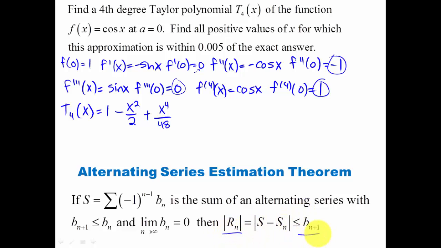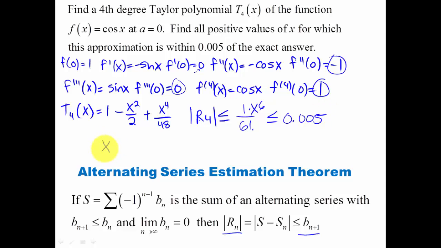So that's what we're going to use. If we want to know the remainder here, that's going to be less than or equal to, and we're after the positive values only, so that's going to be 1 over 6 factorial times x to the 6th. Then we need to find the x's so that this is less than or equal to 0.005.